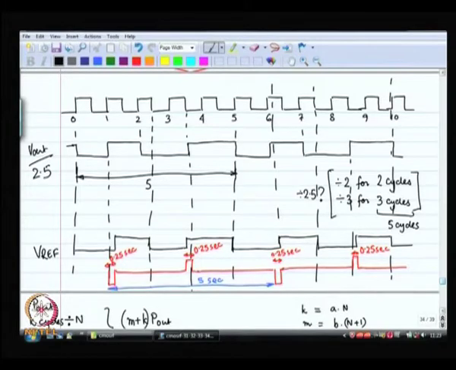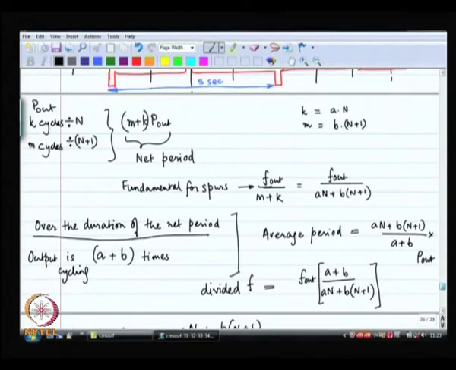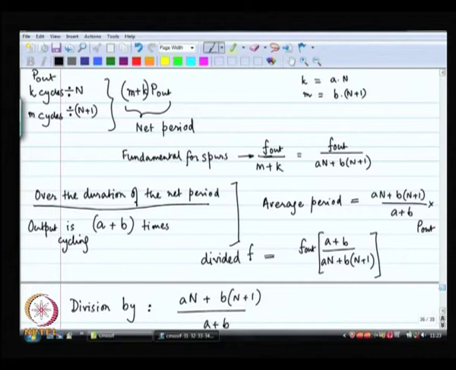Given this basic premise, we developed a way to divide by a fraction. I said let us divide by 2 for 2 cycles, let us divide by 3 for 3 cycles. You could generalize this and say let us divide by capital N for k cycles, and divide by capital N plus 1 for m cycles. Of course, k has to be a multiple of n and m has to be a multiple of n plus 1.